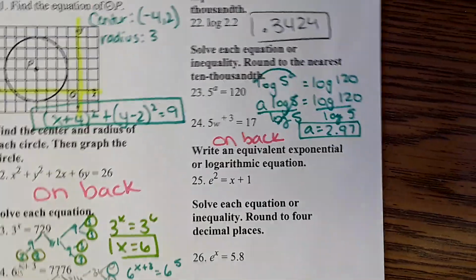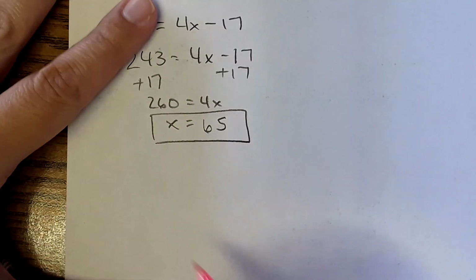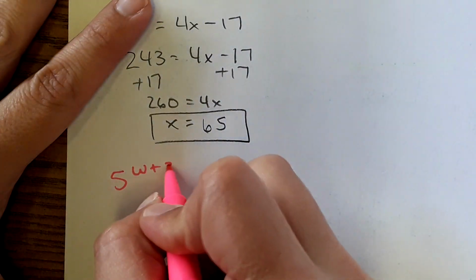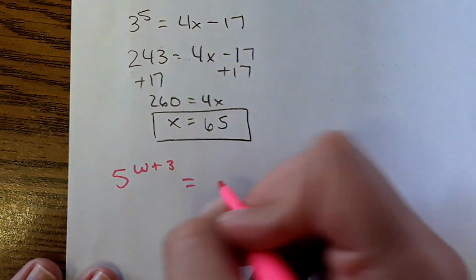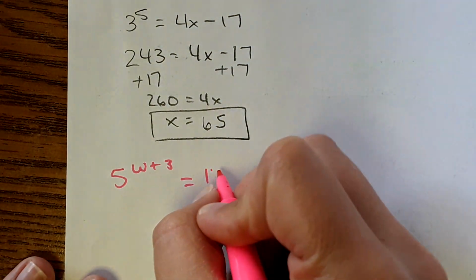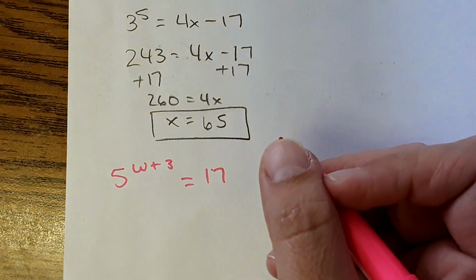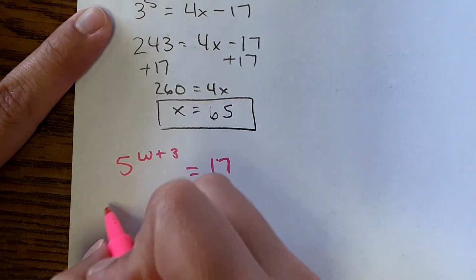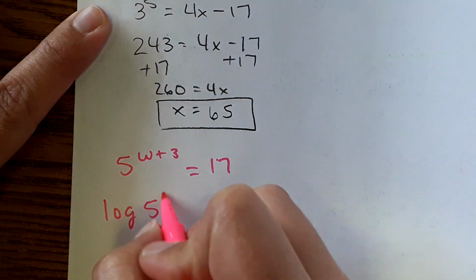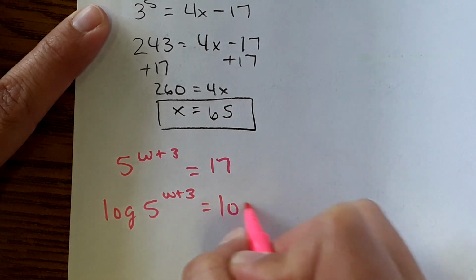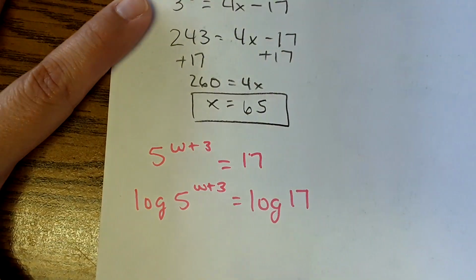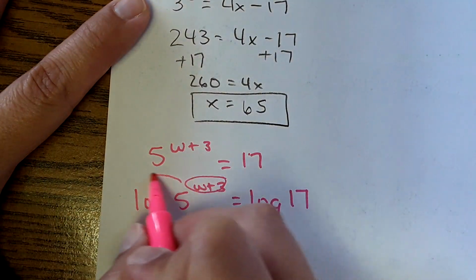So flipping this over, what is the problem? It's 5w plus 3 equals 17. Okay, so we're solving this almost the exact same way. Log of 5w plus 3 equals log of 17. We're taking this exponent and putting it out front.